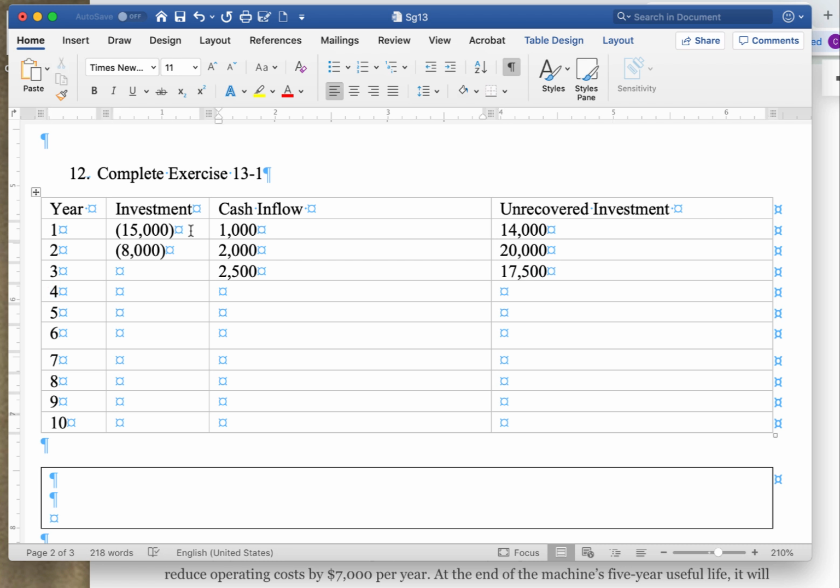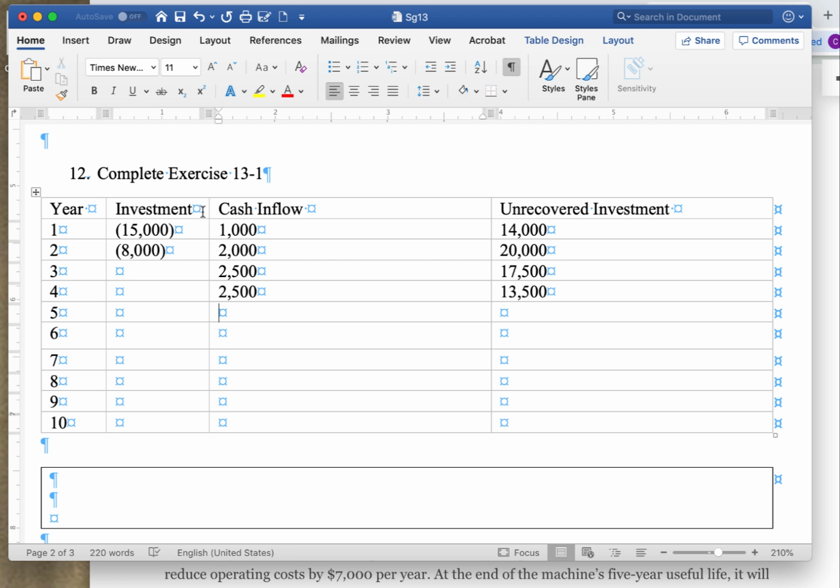Okay, so after year 3, or I'm sorry, year 4, I apologize, we're on year 4 here. Year 4, how much is still uncollected? Well, at the end of year 4, I have $13,500. How'd I get that? Very simple. I took my $17,500 and subtracted the cash inflow at the end of year 4.